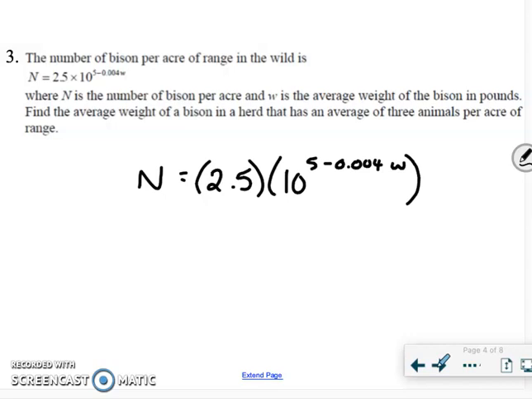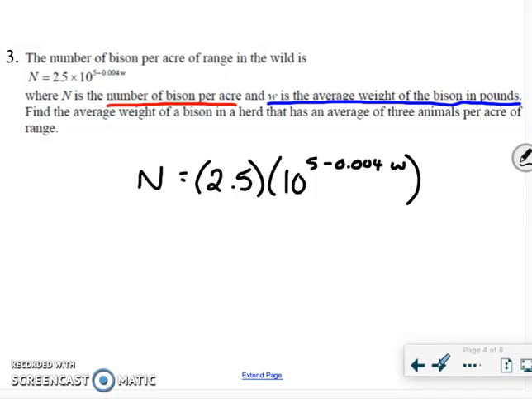To read on, it says that N represents the number of bison per acre. W represents the average weight of the bison in pounds. It's kind of weird that we almost always use the variable of time as an exponent here, so we're kind of breaking away from that.